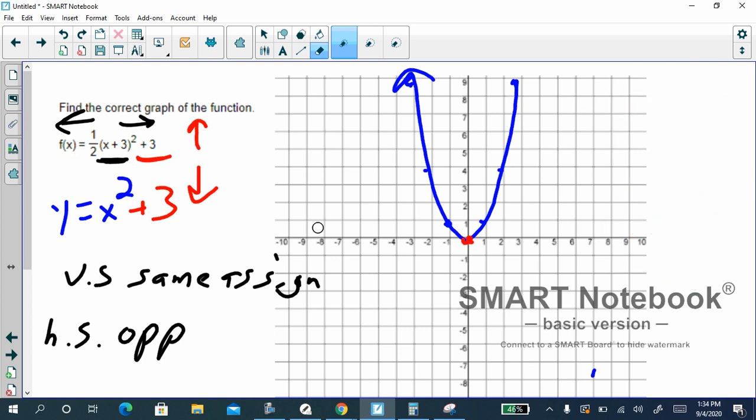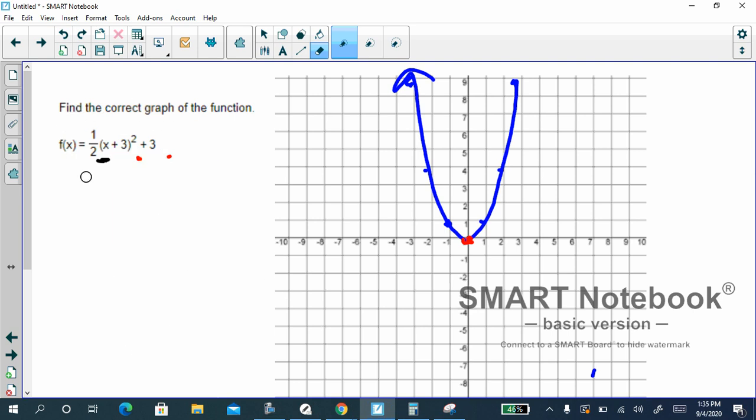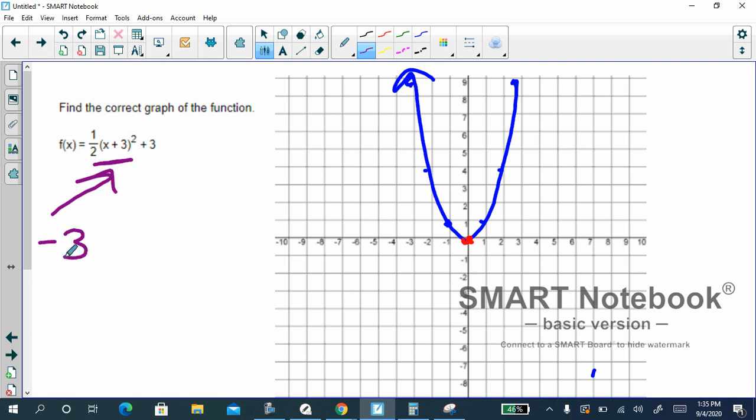So if we look at this example, this part, since it's attached to the x, it moves it in the x direction, opposite of the sign, so it moves it to the left 3. This part is not attached to the x, so that affects the y direction and it goes the same as the sign, so it goes up 3.